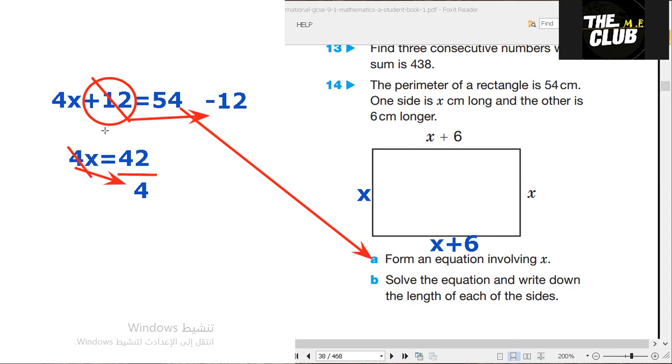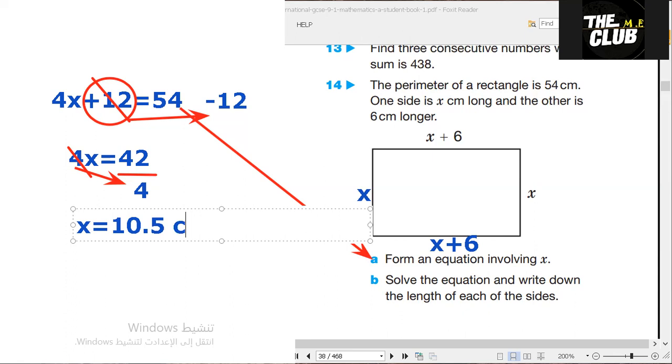So x equals 42 divided by 4, and the answer will be, let's do it. It has decimals, I think. Yes, 10.5. So this is the first thing, that x equals 10.5 centimeters, of course.